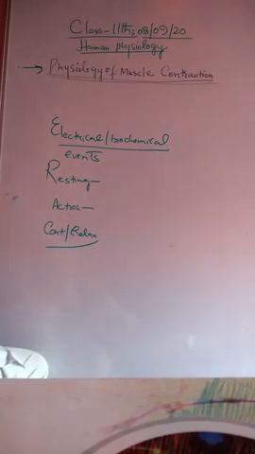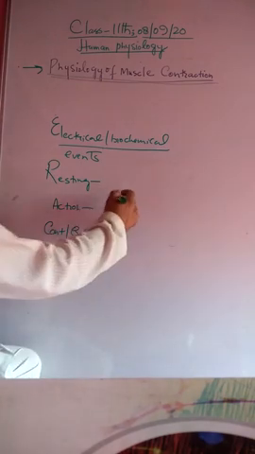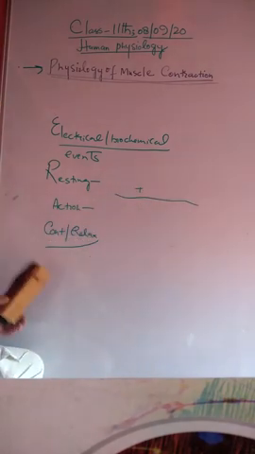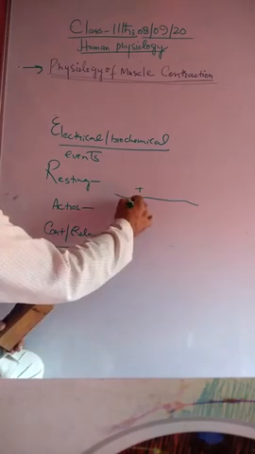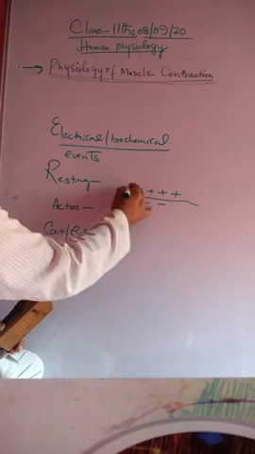In the resting potential, in a resting muscle fiber, the outside of the sarcolemma is positively charged with respect to the inside. This potential difference across the membrane is called the resting potential. The internal side has negative charge and the outside has positive charge.